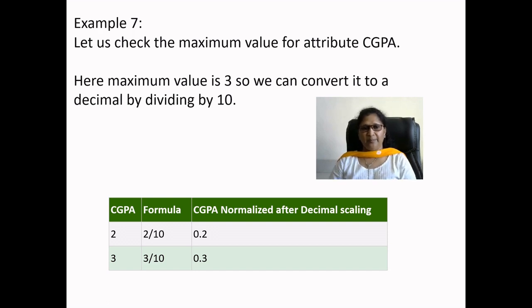This is one more example. Here we are given attribute CGPA and we have to check maximum value for attribute CGPA. Here maximum value is 3, so we can convert it to decimal by dividing by 10 raised to 1, that is 10. So given values of CGPA are 2 and 3. So we will divide it by 10 and we'll get a normalized CGPA as 0.2 and 0.3.